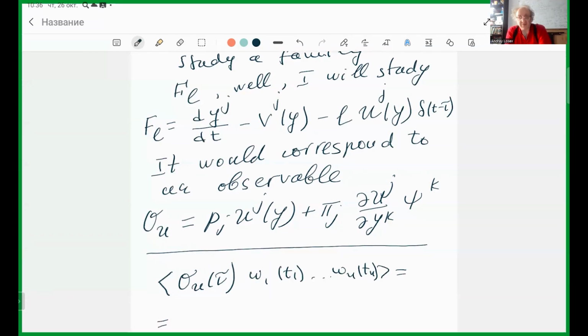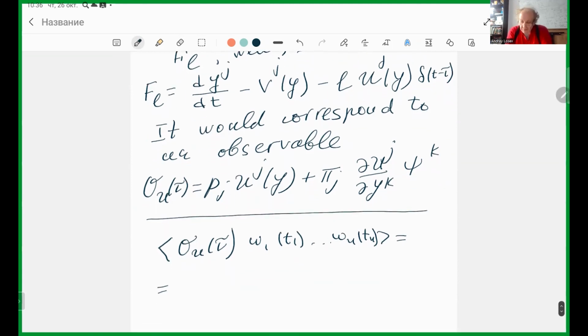This would correspond to an observable. So it is d over dl, of course, when l equals 0.